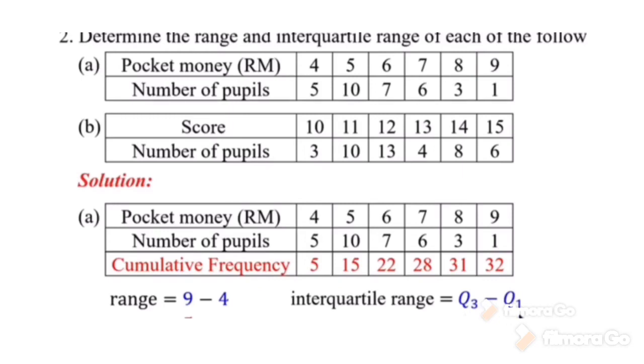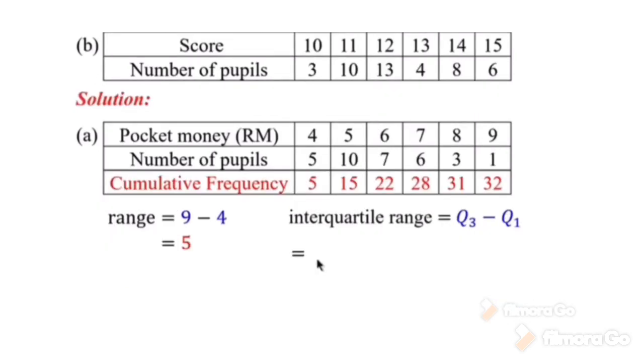What is the third quartile? The third quartile is the total number of students times 3 over 4. From the cumulative frequency, you can observe the total number of students is 32.